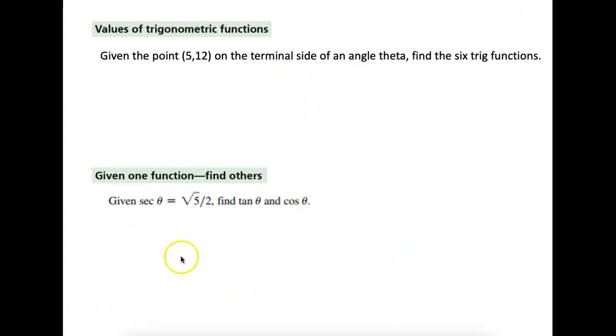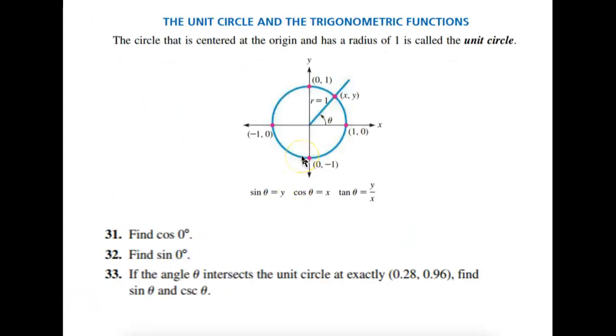And move on. And then for our last one, we've got the circle that's centered at the origin and has a radius of 1, called the unit circle. That's really important in trig. The circle that has a radius of 1 unit. Because if you'll notice here up in the drawing, this terminal side, with it being 1, would be the hypotenuse of these right triangles that we're going to be looking at.